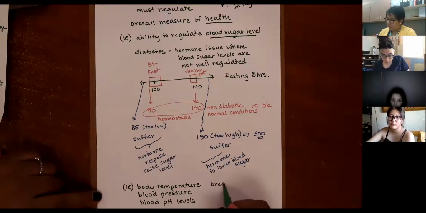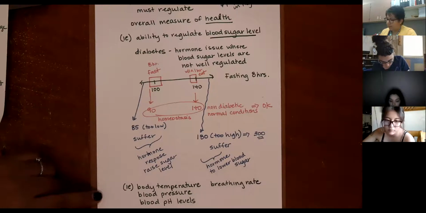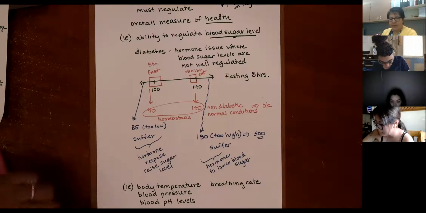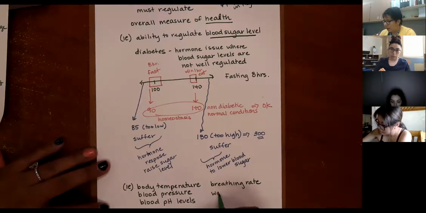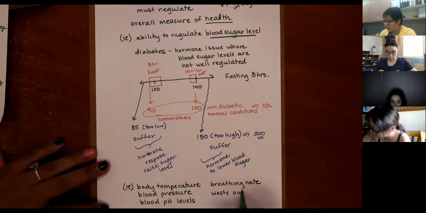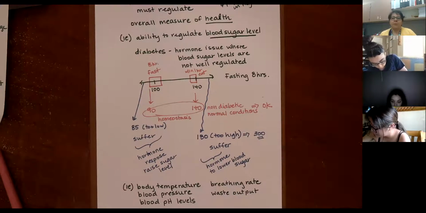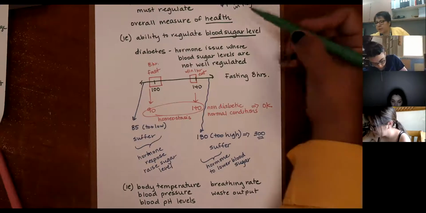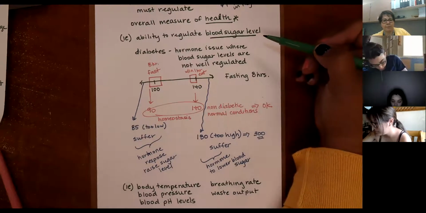Things like your breathing rate. It sounds crazy, but if we think back to this idea of metabolism, even waste output, those are all part of your homeostasis. Everything that your body does to keep you within acceptable levels. Or you can think of it as all the things that your body does to help you maintain your health.